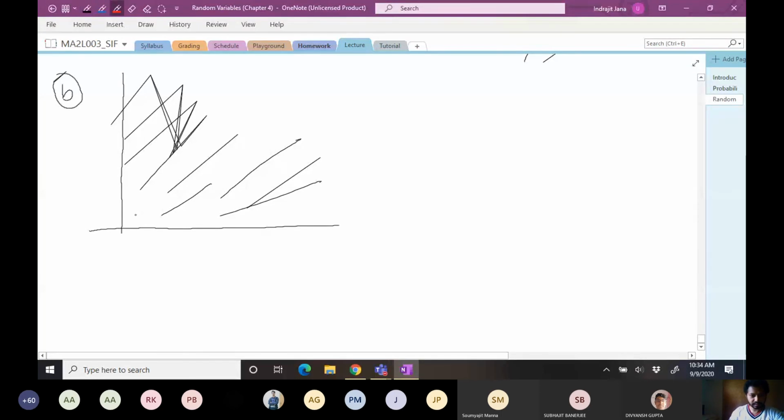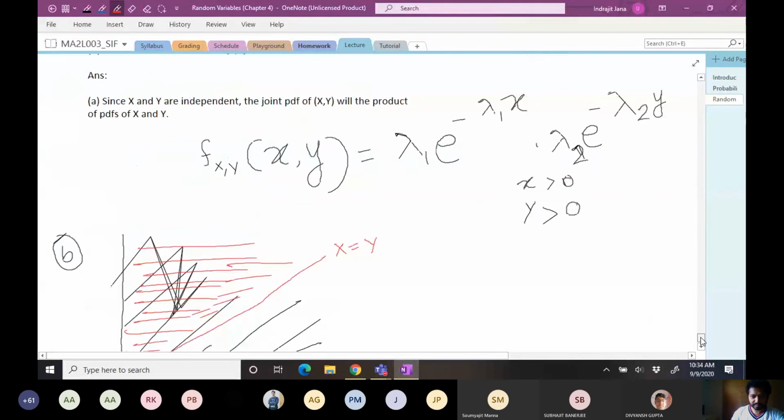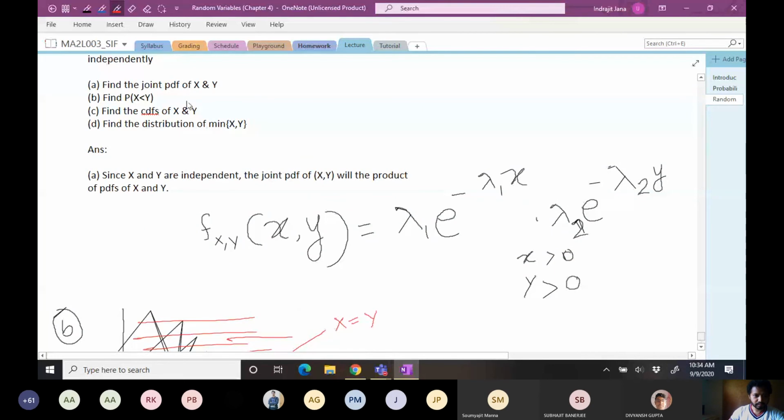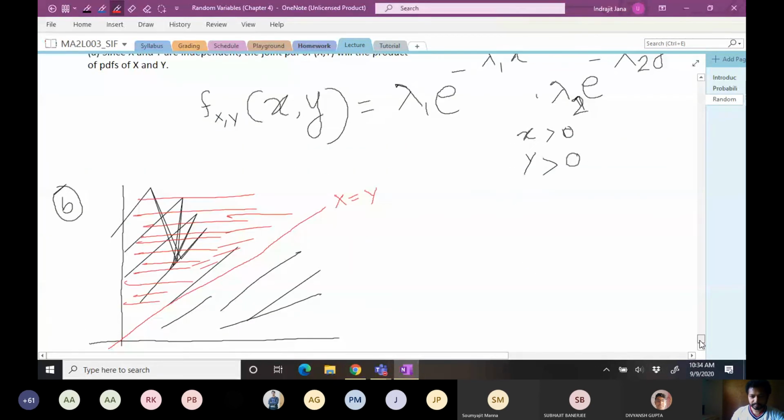So let us draw the line x equal to y, and x less than y is going to be this part. So essentially we need to integrate the joint PDF over that red region.